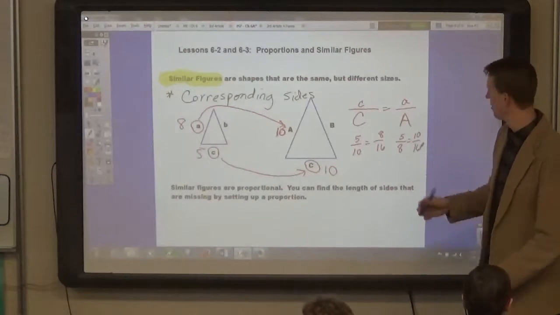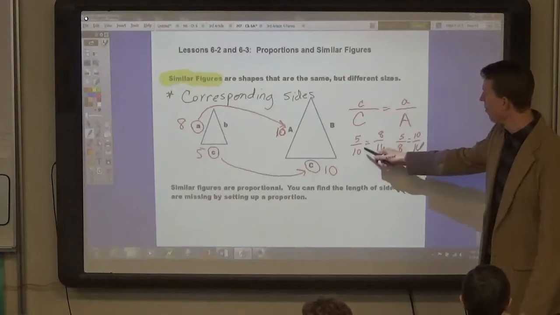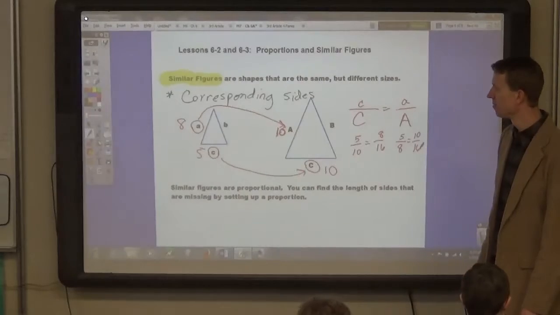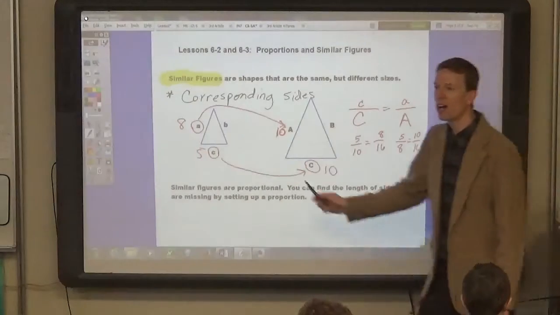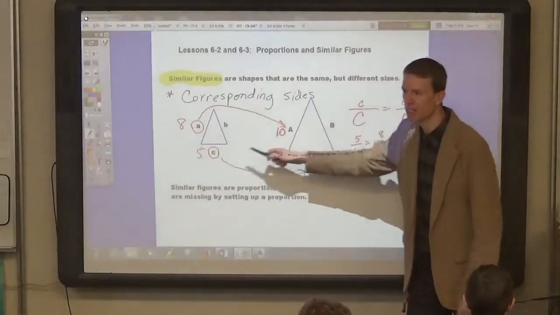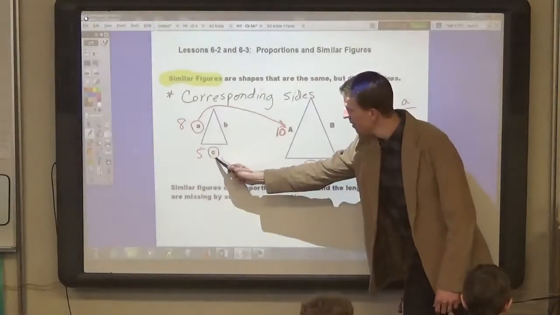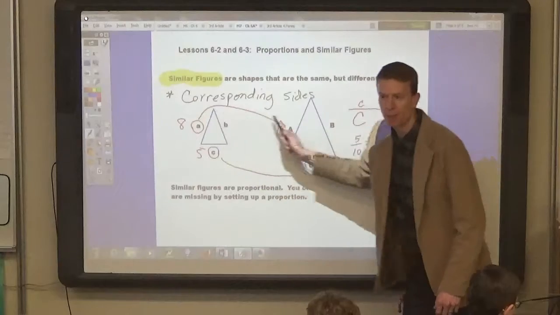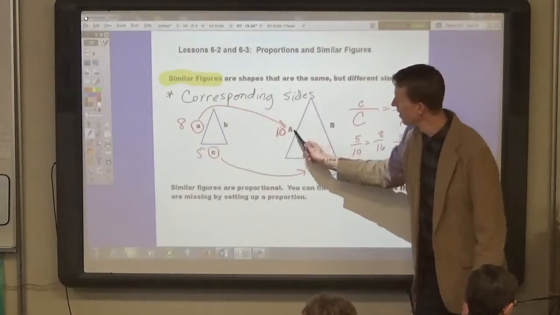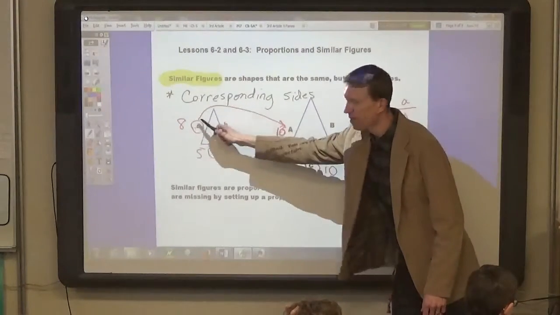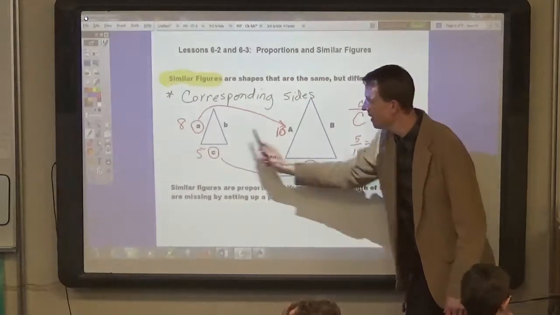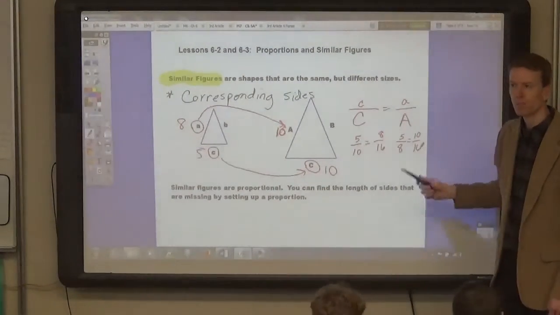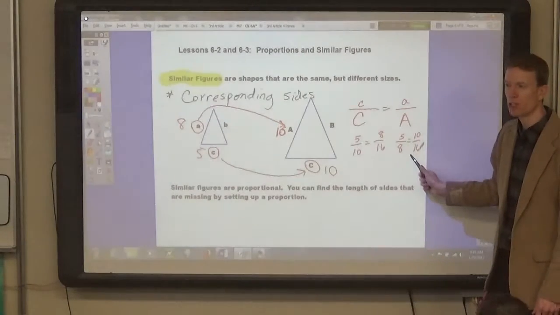Or you could write 8 over 10 equals 5 over 16. As long as you compare the sides in the same order, like this little c is to big C in the same way that little a is to big A, or big A is to little a as big C is to little c, you can solve a proportion like this. Okay?